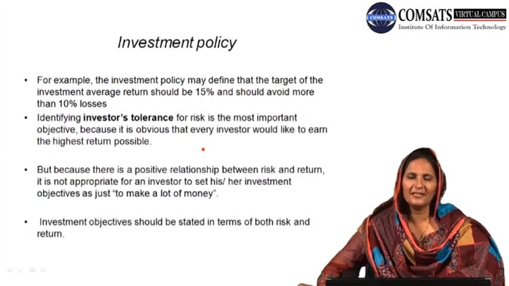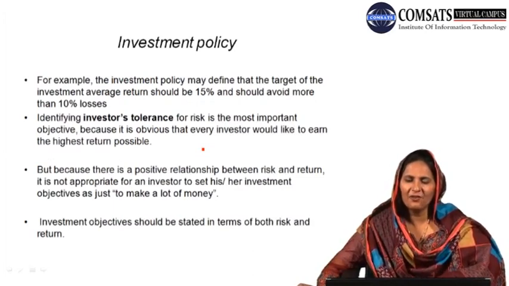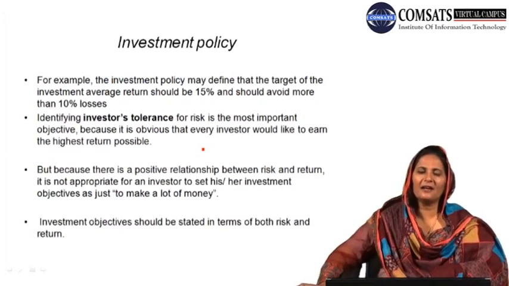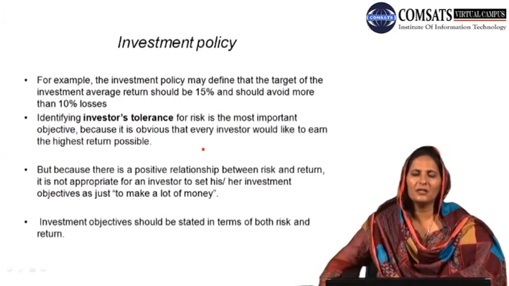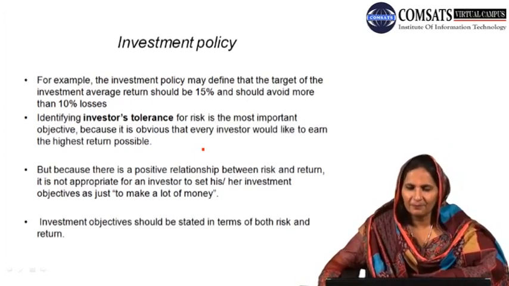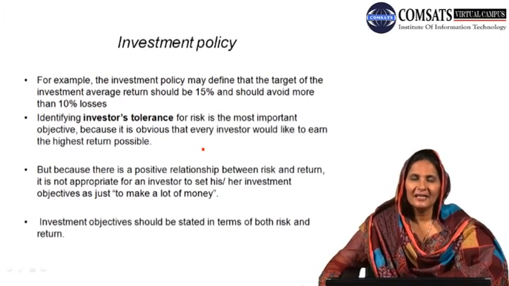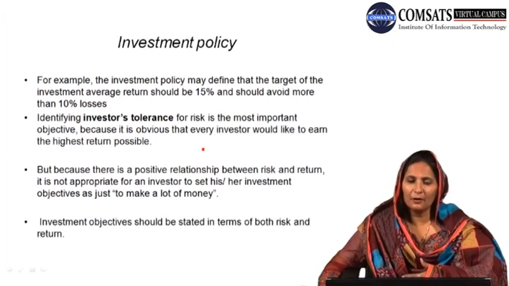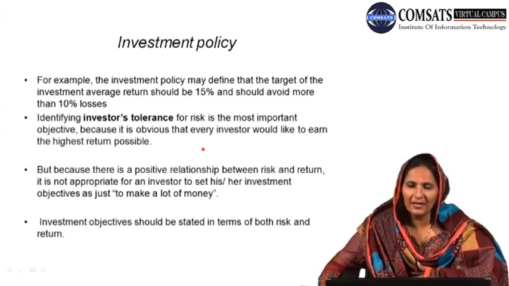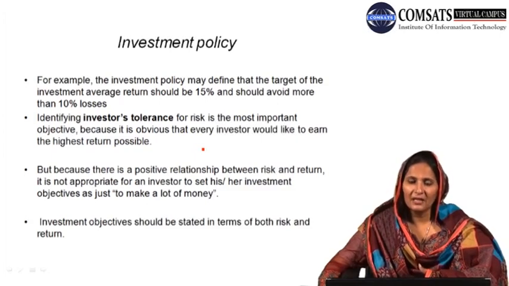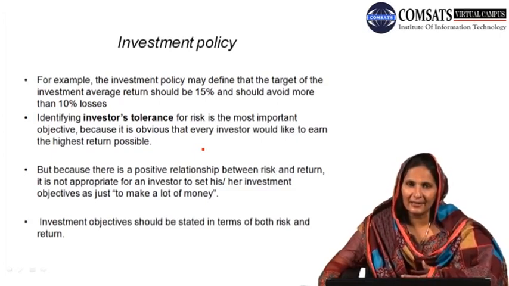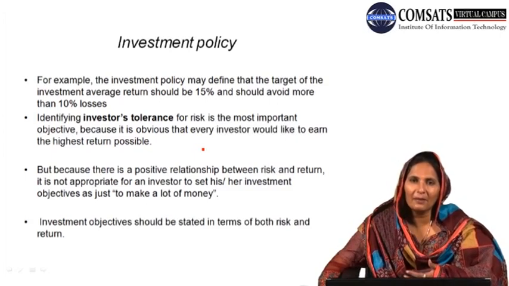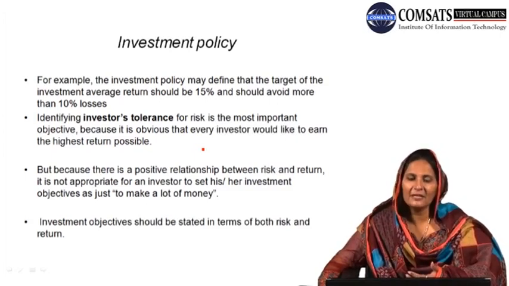For example, investment policy may define that the target of the investment average return should be 15%. This means that in the investment policy we formulate, we should set a target of investment returns. For example, we have set that the investment average return should be at least 15%.